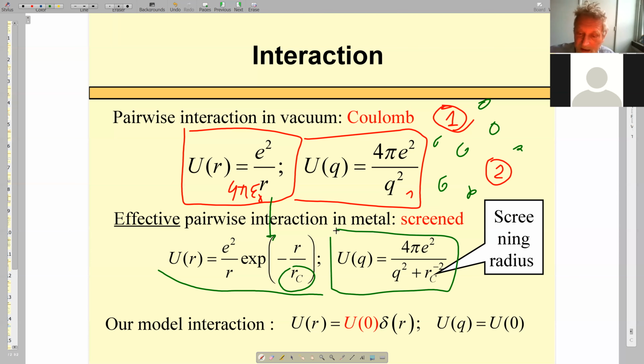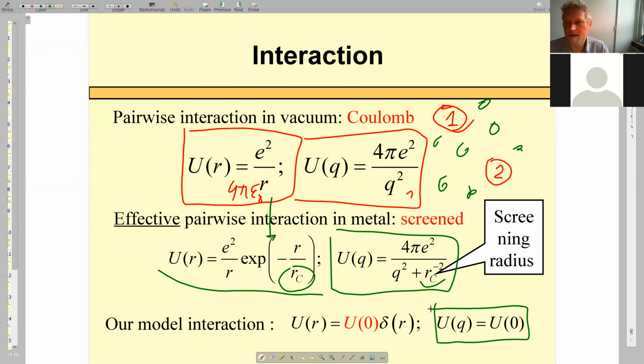I've got an addition in the denominator, and this Fourier component becomes finite at small q. It is finite. Let's make a simple model. Let's assume that it is the same everywhere, so that it does not depend on q. That's what we have.